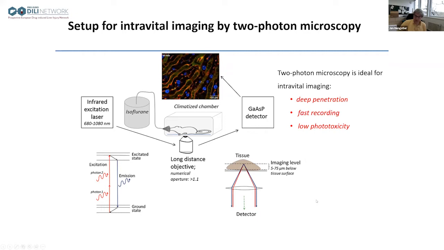We should also be aware that we image relatively at the surface, only 5 to 75 micrometers below the liver capsule. We can go deeper. We can even image 150 or 200 micrometers below, but there we lose resolution. And since the architecture of the liver is so repetitive, one learns already a lot if one images relatively close below the surface.